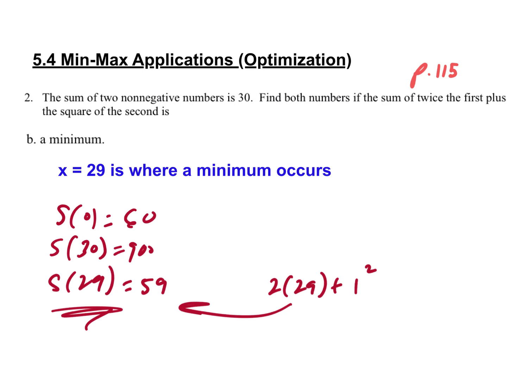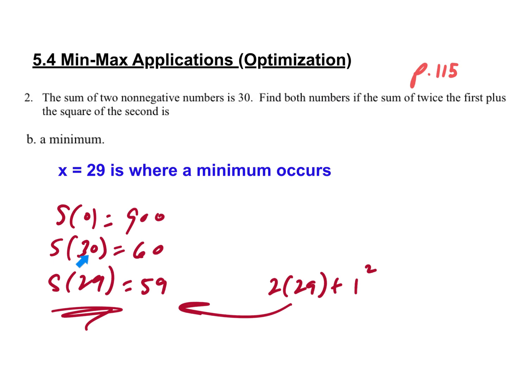Okay. Since there are endpoints, let's go back. Since I already knew the endpoint values, we figured those out before. Those don't change, right? Or maybe I have them flipped around. Maybe it's 900 and that was x. Do I have them flipped? I do have them flipped. It's 60 and 900, if we're talking about x. But either way, it's possible that the minimum occurs here, which would be odd, right?